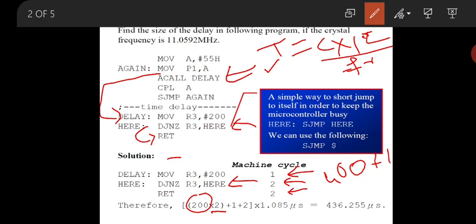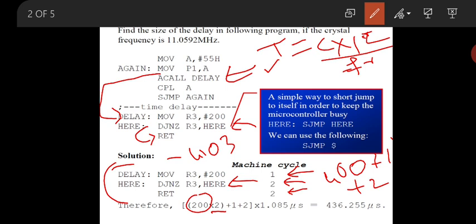Once the loop is broken, it goes to the return, and the return consumes 2 machine cycles. I hope you understood. So 400 plus 1 plus 2 means the total machine cycles consumed by this delay program is 403.